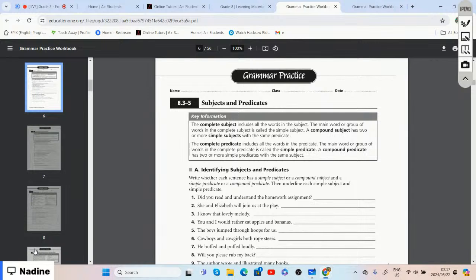All right. And then we have our predicates, right? And it says that the complete predicate includes all the words within the sentence. The main word or group in the complete predicate is called a simple predicate.